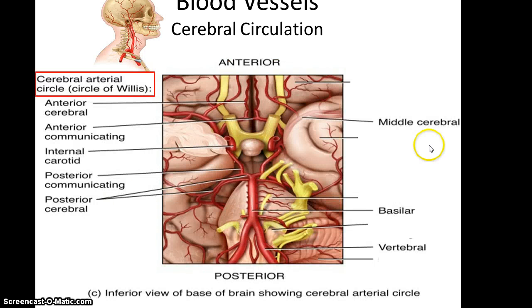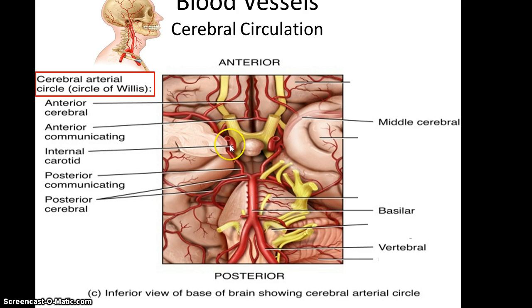But let's particularly focus on that circle of Willis, or cerebral arterial circle. This is one of the few places where you see a circular structure of arteries attached to each other. For instance, blood will be coming up through the vertebral arteries, left and right. They'll fuse to form the basilar artery, and then that's going to branch out into the posterior cerebral arteries, right and left.